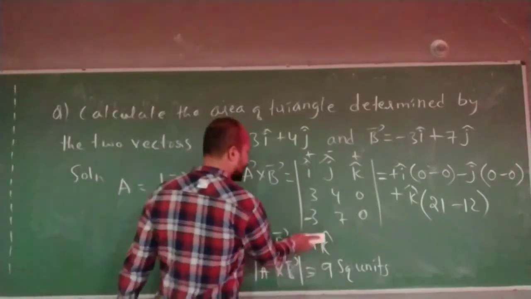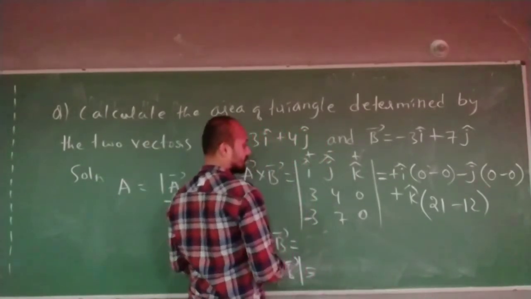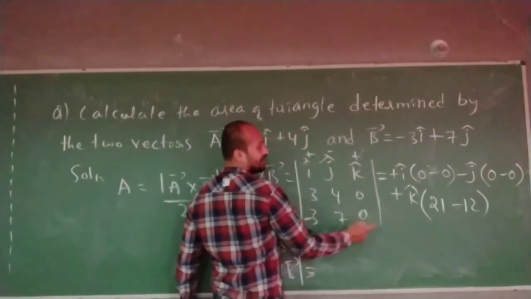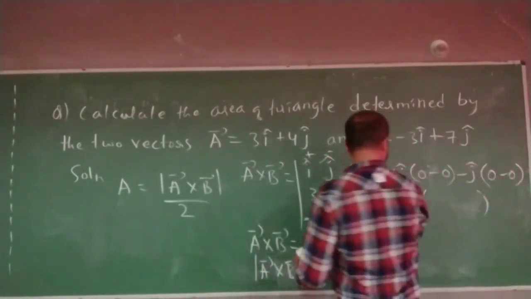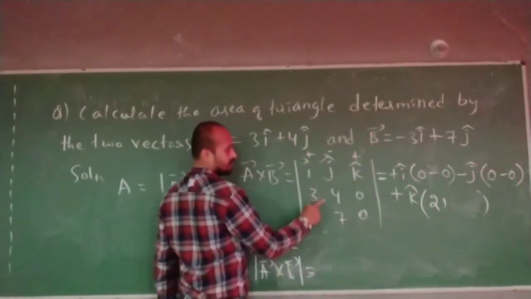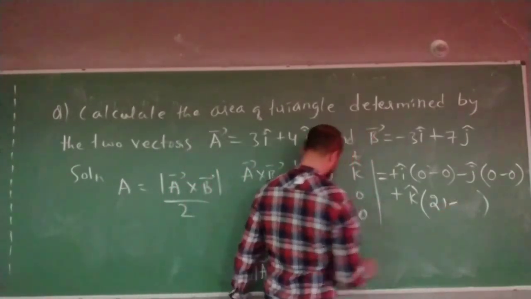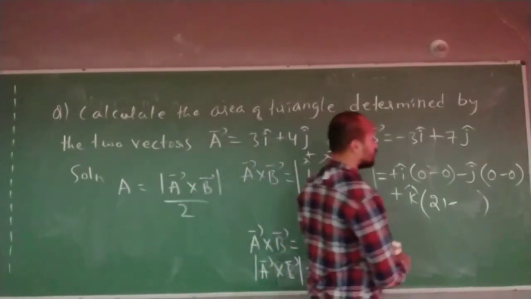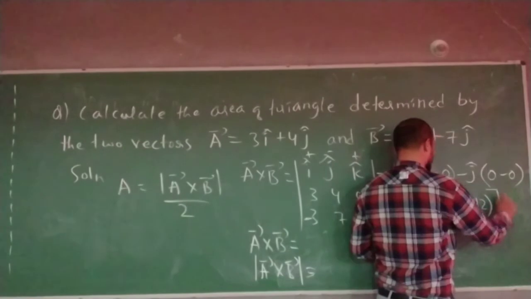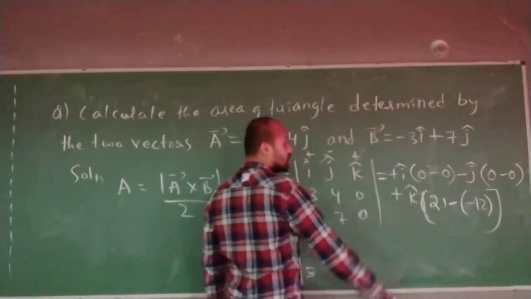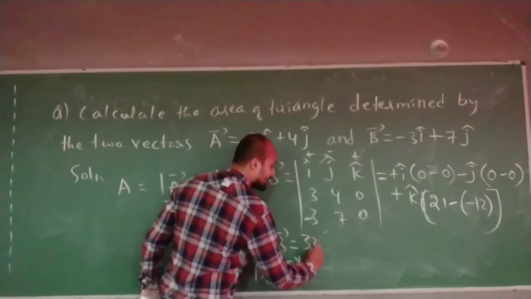So if it is minus 3 plus 7, what is going to happen? Let us check: minus 3, 7, 0. Here 3 into 7 is 21. For this k cap, minus 3 into plus 4 is minus 12, so minus of minus will become plus, and you will get 33 k cap.